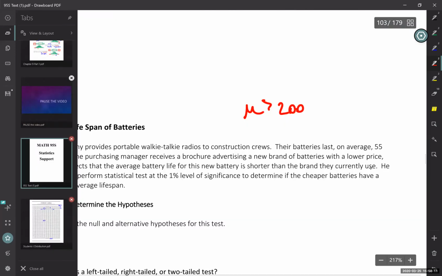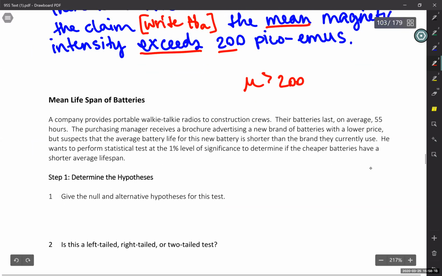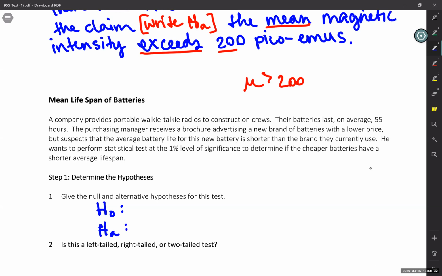Here we are. I'm going to give the null and alternative for this battery test. So we have our null, and our alternative. In this problem, we are comparing mu. Well, first of all, this whole video is about mu, but I can see keywords in here that tell me it's definitely mu.